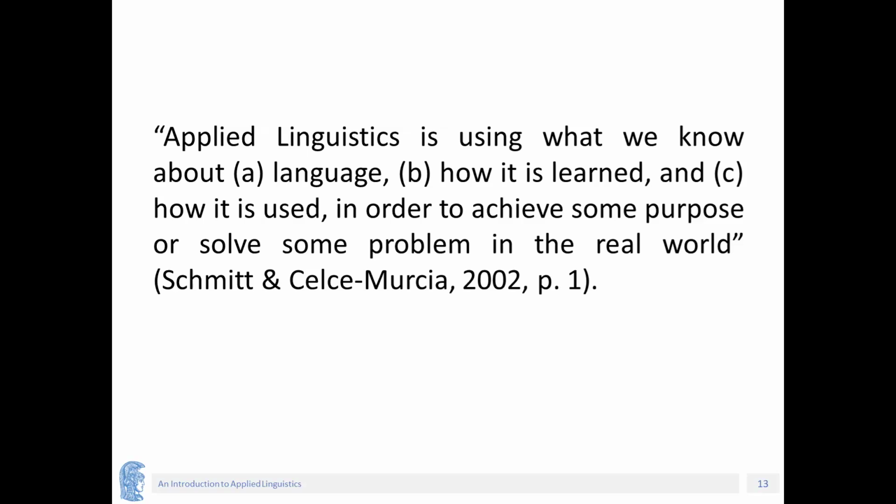Understand this definition. It's nice actually. Applied linguistics is using what we know about language. We know about language and we use it, and how it is learned and how it is used in the real world. That is Smith and Celce-Murcia, in 2002.